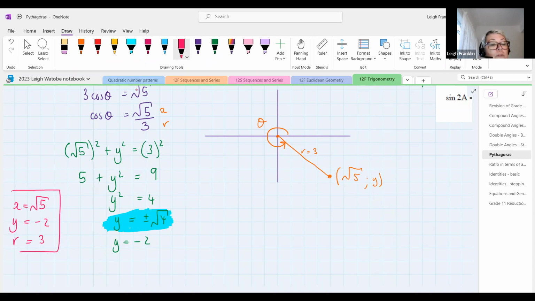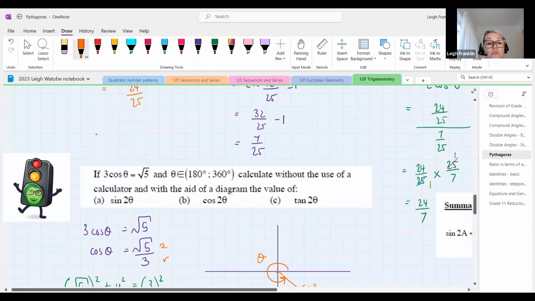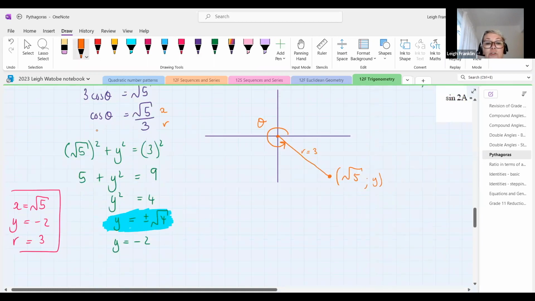So now that we've got this information, we are ready to start answering our questions. The first question was the value of sine 2 theta. We would get a mark for writing 2 sine theta cos theta.